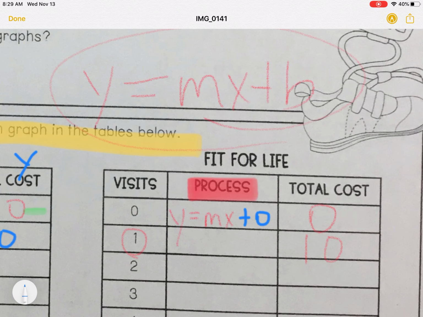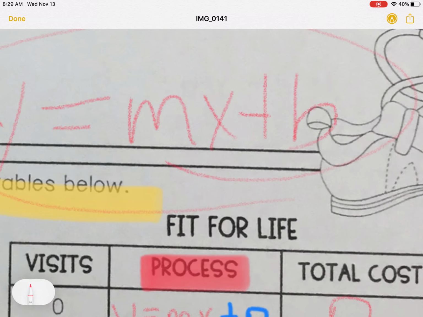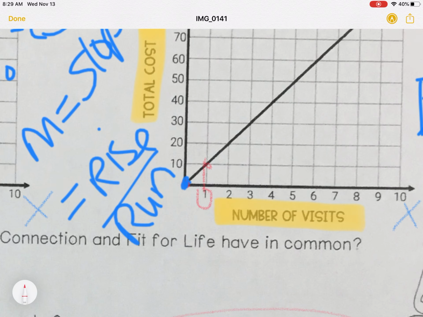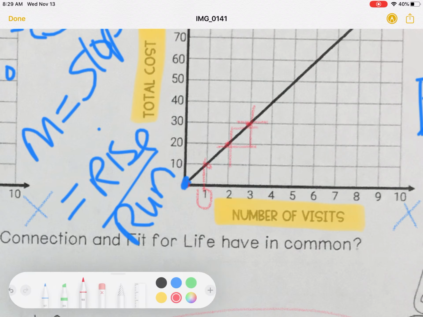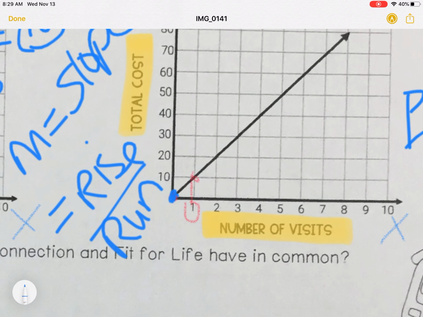Okay, Fit for Life process. I still need to put my m in. Okay, so let me go plot my points. Well, I want to put a point here and a point here because they intersect the lines that go this way. Okay, when they intersect, you can plot a point. So I'm going to plot my point here.